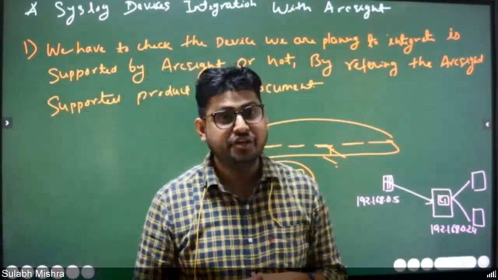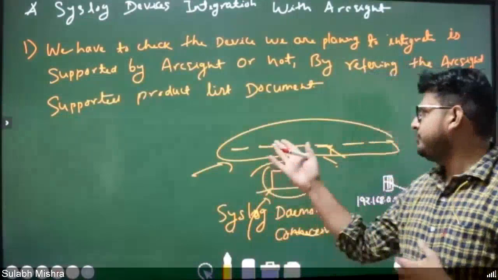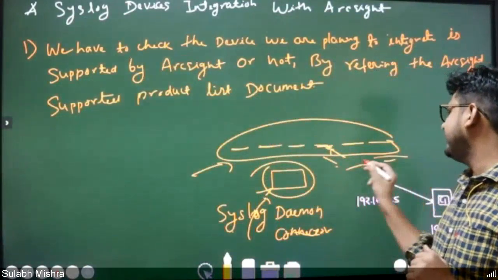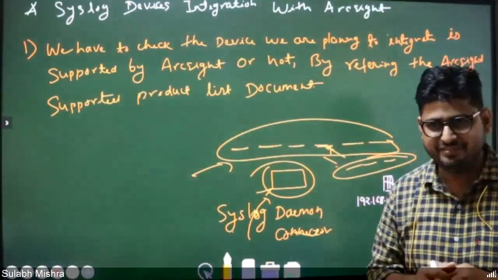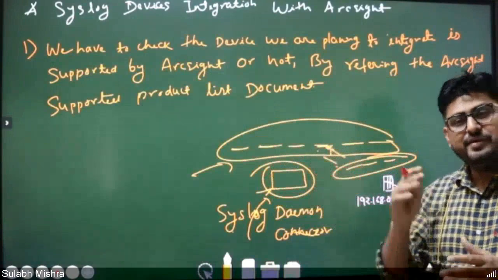In that case, if you integrate those devices with the Syslog daemon connector, the default 30 fields will get normalized, but the remaining 3, 4 fields will not be normalized, because apart from the Syslog default fields they have some extra fields also.